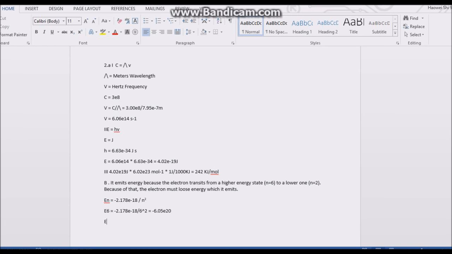So it's E2 minus E6 equals negative 2.178 times 10 to the negative 18, and do the same thing for E2.